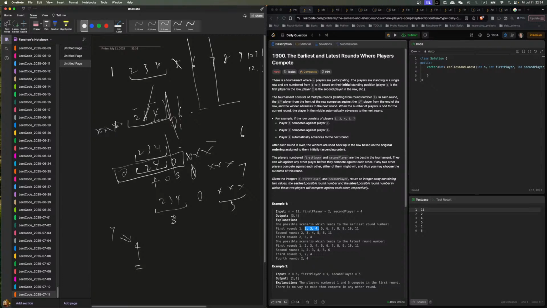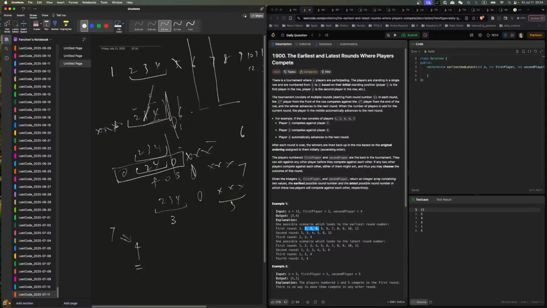I have a thought. I think the minimum steps is always going to be 3. If it's on one side, right? So now let's see. Yeah, because if it's on one side, in the first step, we can always position it, right?